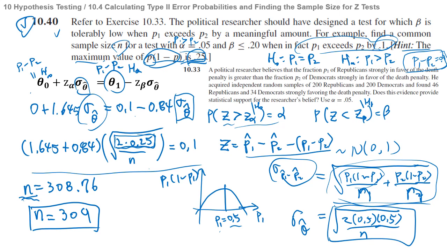However, if there is no hint for P1 and P2, you can put 0.5 for P for the conservative case, and you need to derive your sample size n using that quantity. This is how you derive it with that number.